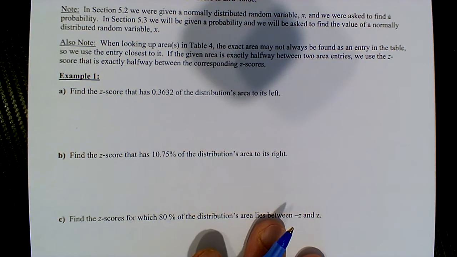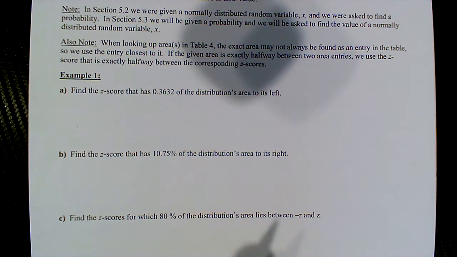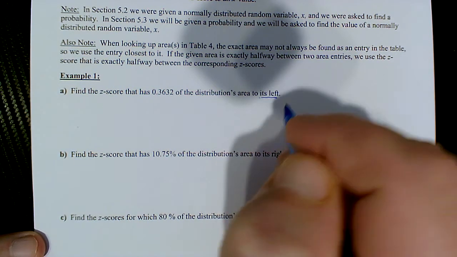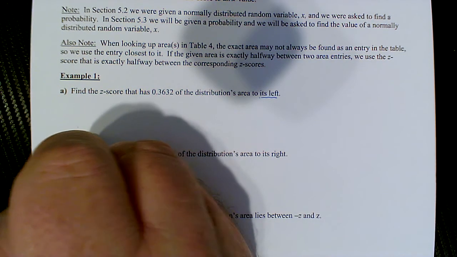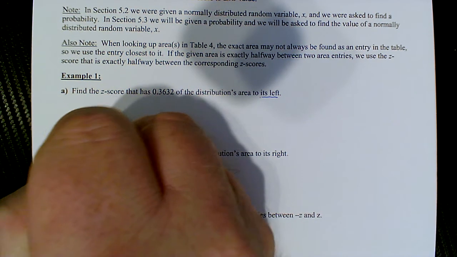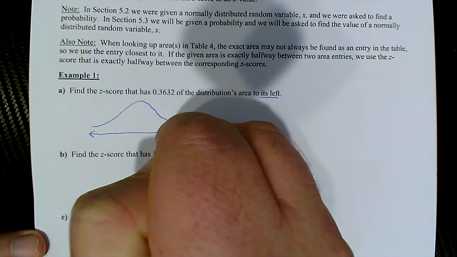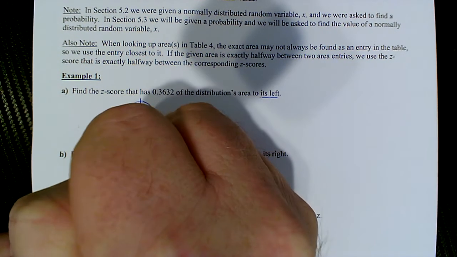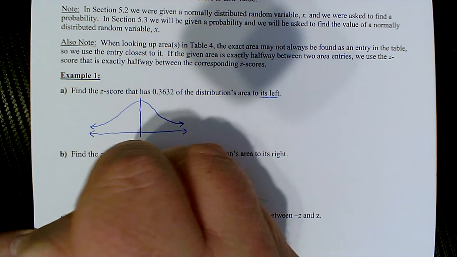So here's finding a z-score that has an area of 0.3632 to its left. So what you want to do is draw the distribution. So proceed as normal, and always locate the z-score of 0 down the middle.